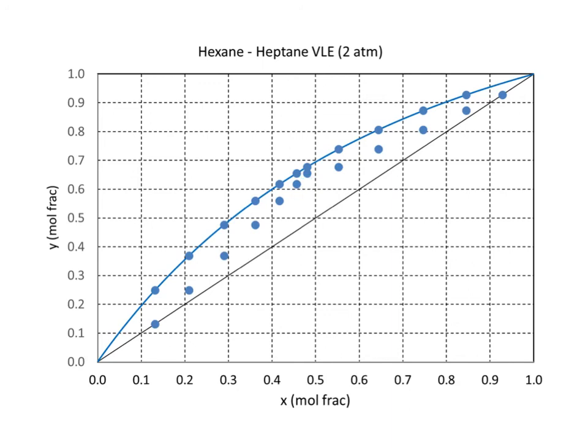And the interesting thing is, if you look at these compositions here high up in the column, they seem to be on kind of a straight line. And if you look at the compositions of the streams at the lower part of the column, they seem to be on a straight line.